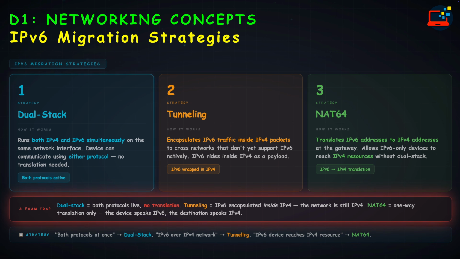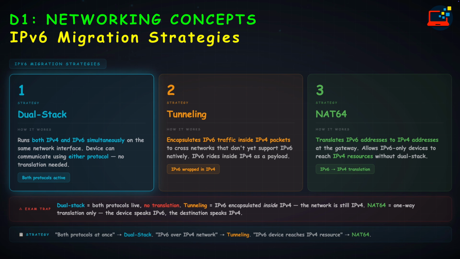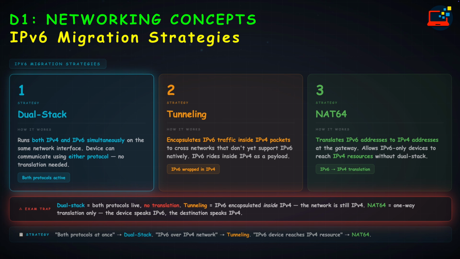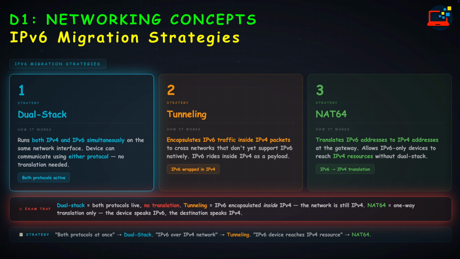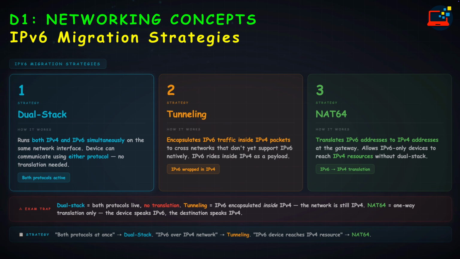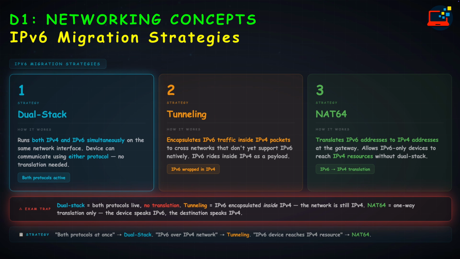Tunneling means encapsulating IP version 6 traffic inside IP version 4 packets to carry it across a network that does not yet support IP version 6 natively. NAT64 translates IP version 6 addresses to IP version 4 addresses, allowing devices that only speak IP version 6 to communicate with IP version 4 resources.